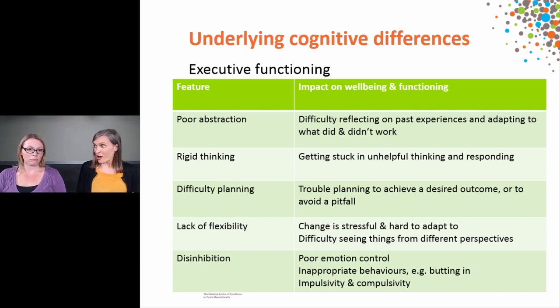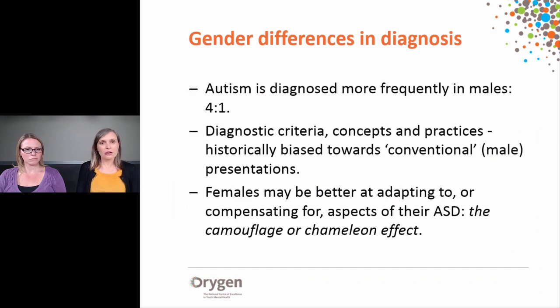Again, when we combine that with theory of mind difficulties, there's an interaction effect, so that people will be emotionally dysregulated due to lack of theory of mind or lack of insight into their own emotional experience, but then they're also quite disinhibited, so might be much more likely to just react in the moment rather than to have that executive capacity to moderate their behaviour and respond in a different way. Yeah.